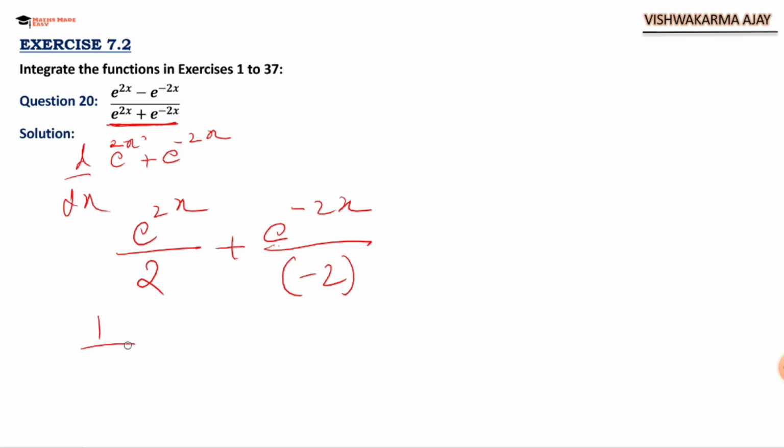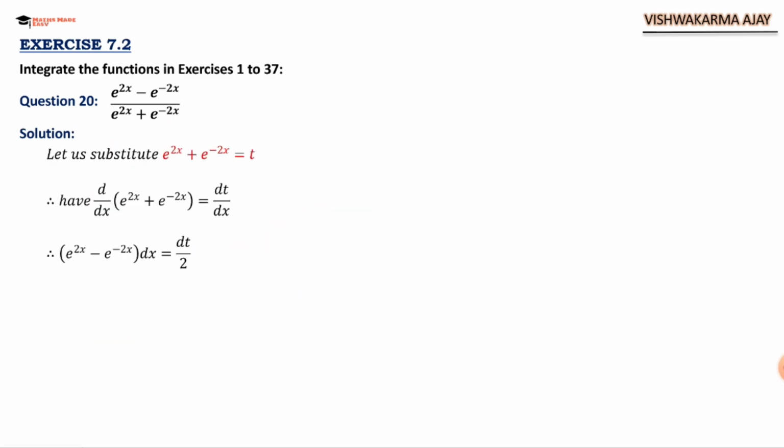Later we can take 1 upon 2 common, and here e raised to 2x minus e raised to minus 2x dx is equal to dt upon 2.